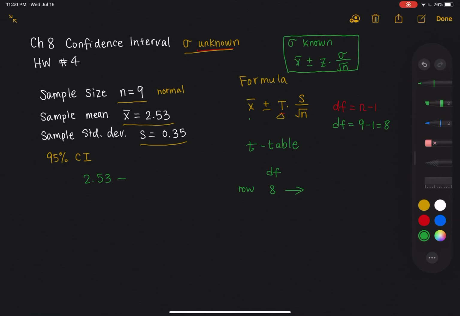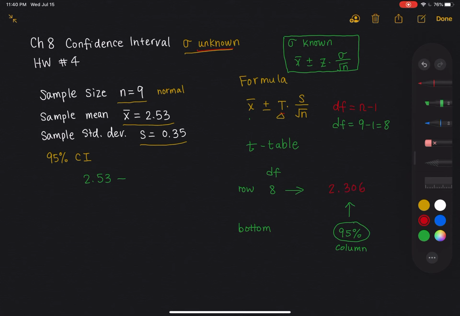But how do you find 95%? You have to look at the bottom, find 95%, and locate that column. Then you look up, and the number it corresponds to should be 2.306.